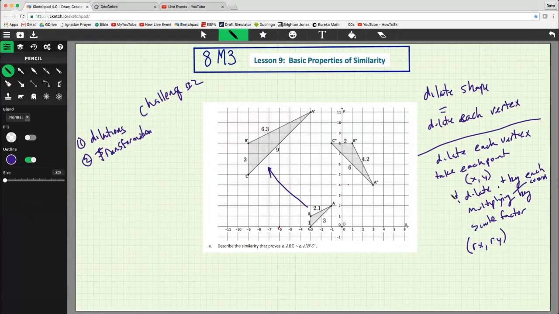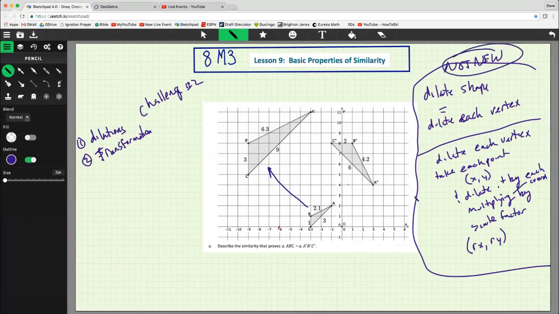So let's watch how that happens. We're going to do it once or twice, and then I'm just going to assume that you've learned what we've taught. We've done this before. This is not new. This is a reminder. So if I take this point here and I want to dilate it, the first thing is, let's think about how much bigger is this shape than this shape?